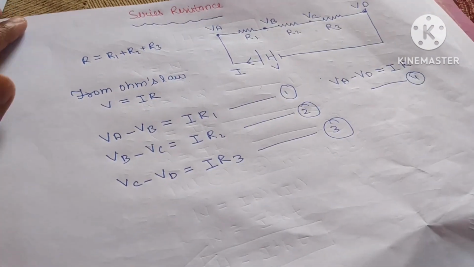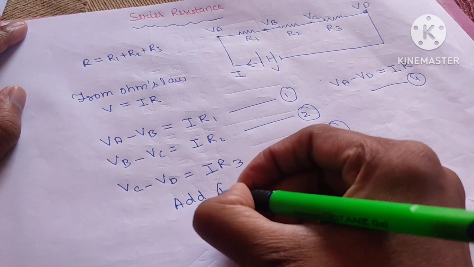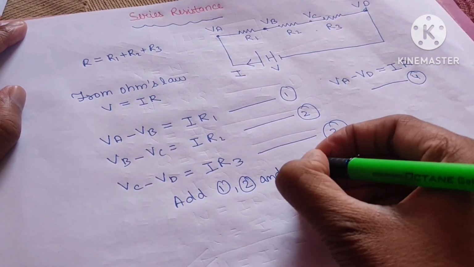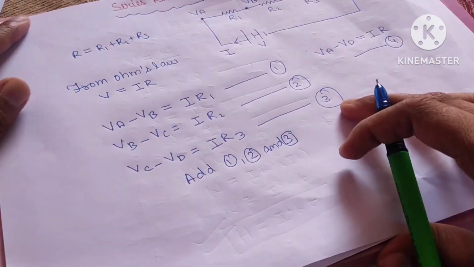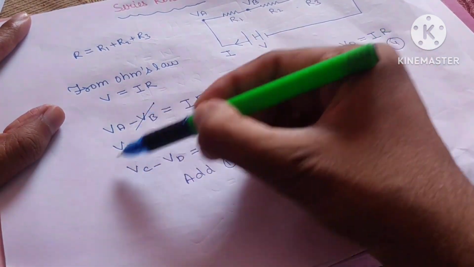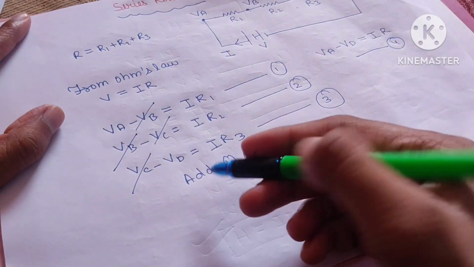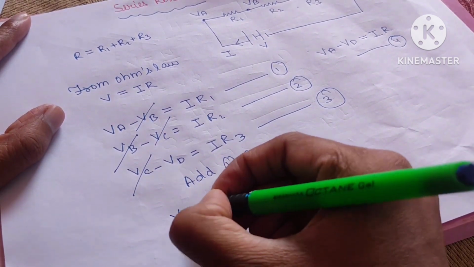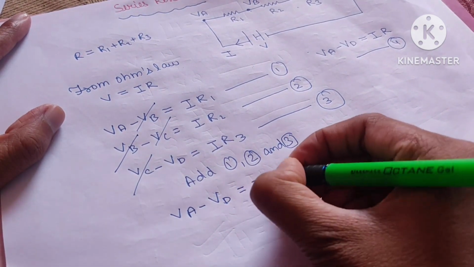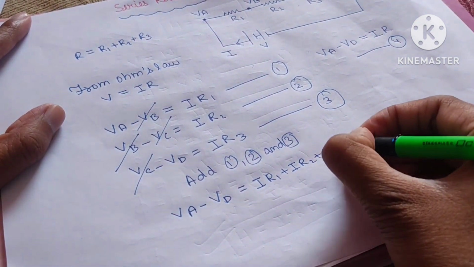And now what we need to do is add equations 1, 2 and 3. So when we are adding, VB will get cancelled, minus VC will get cancelled, and we are left with VA minus VD equal to IR1 plus IR2 plus IR3.